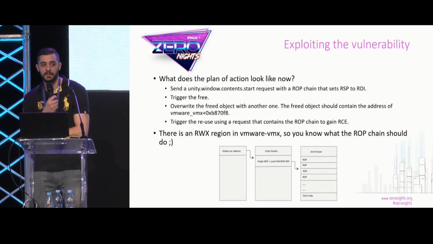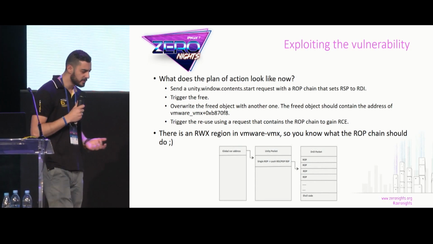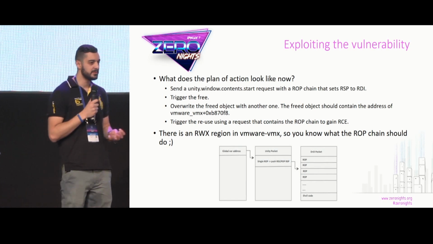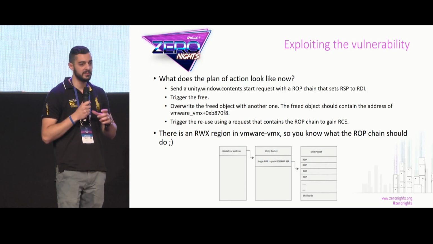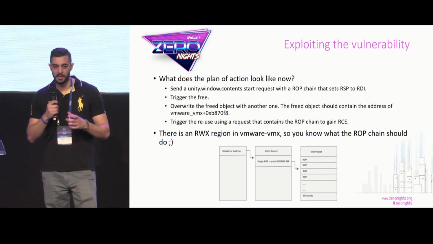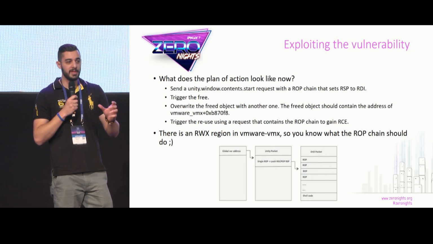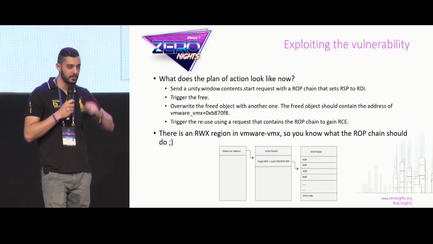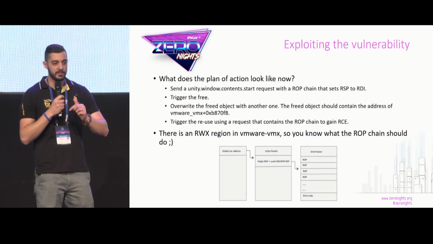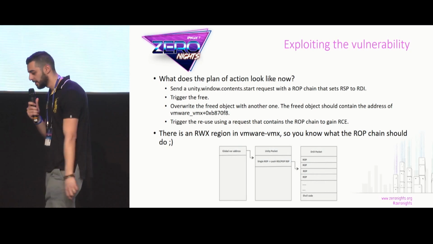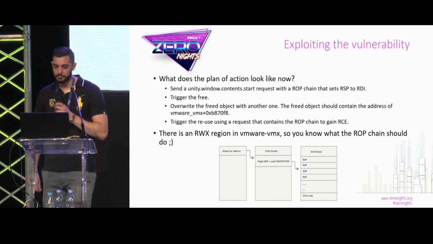For the record, I think up to version 12.5.7, I did not check the recent one, you have a region in VMware VMX that's RWX. So your ROP chain should be relatively simple. Basically, just do a memcpy, copy your payload, put it in that specific region, and then return to it since it's RWX, and then our problem will be solved.